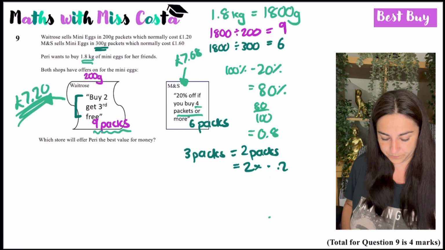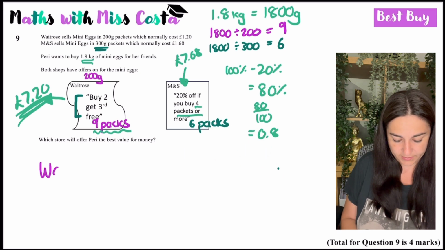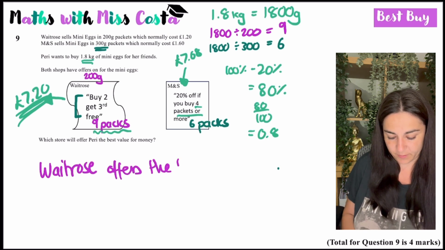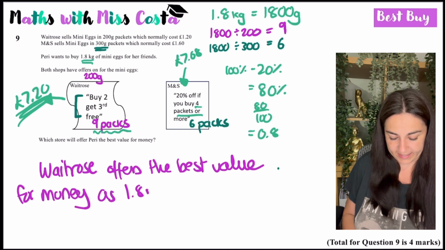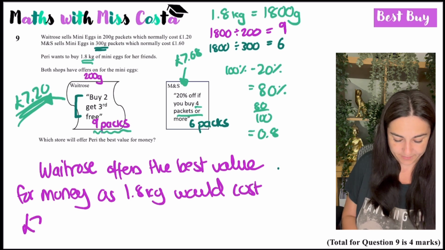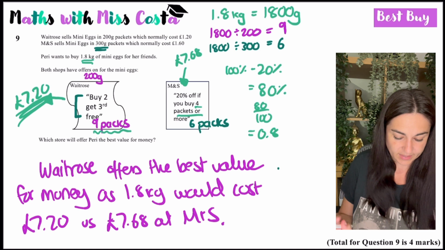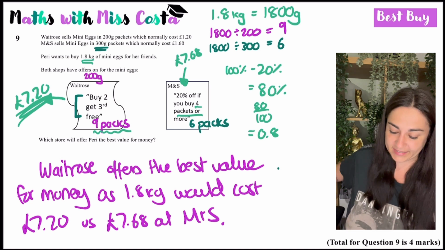So therefore, you would say Waitrose offers the best value for money as 1.8 kilograms would cost £7.20 there versus £7.68 at Marks and Spencer's. So always make sure you justify your answer. In this question they didn't specify it, but it's good practice anyway.